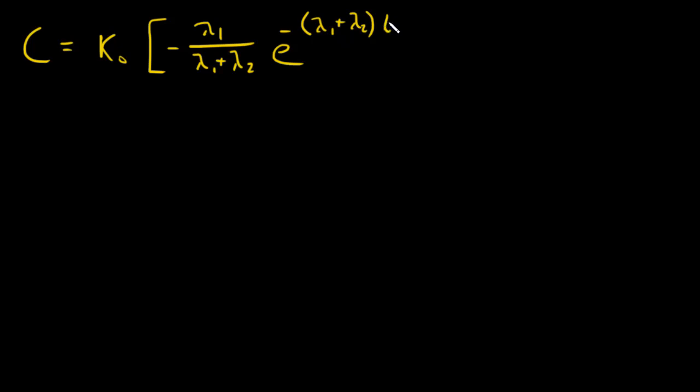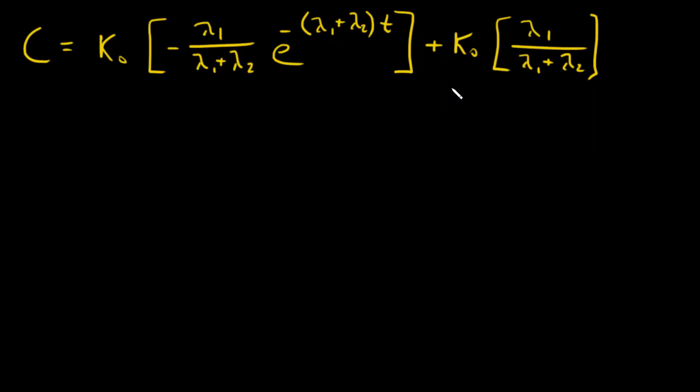So C is equal to, I've got K naught times negative lambda 1 over lambda 1 plus lambda 2 times e to the negative lambda 1 plus lambda 2 t, right, plus my c, which is K naught times lambda 1 over lambda 1 plus lambda 2.